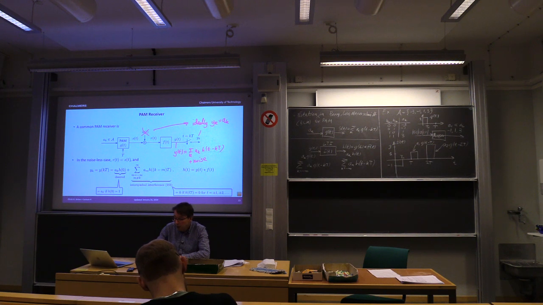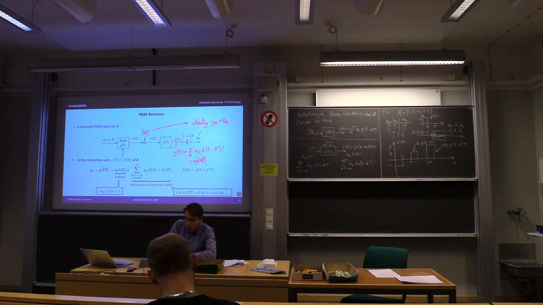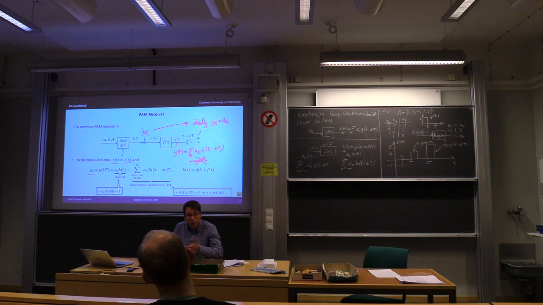But for simplicity, let's ignore that for the moment and see what the output is. So the noiseless output when R is equal to S, what is that? Well, it's y evaluated when small t is equal to k capital T. So in this formula here, we replace small t with k times capital T, and then the following result follows.